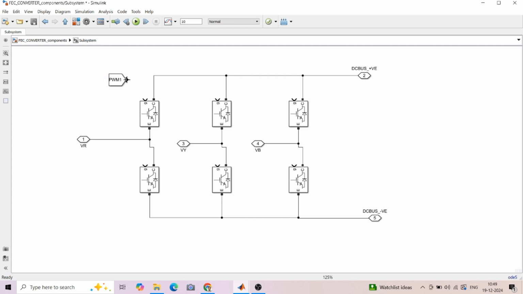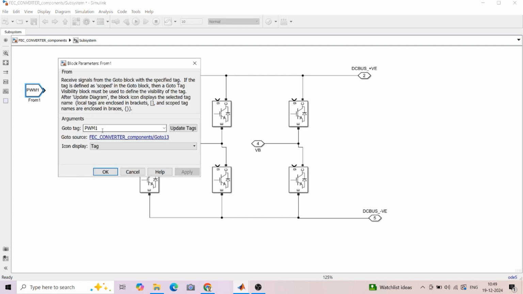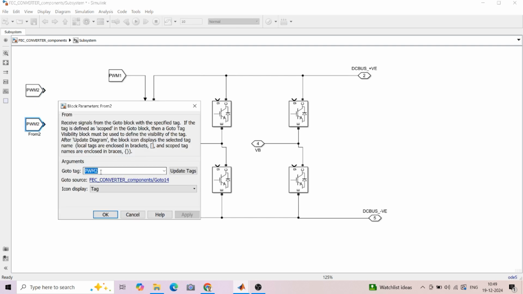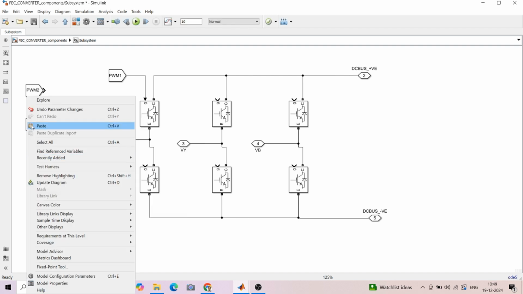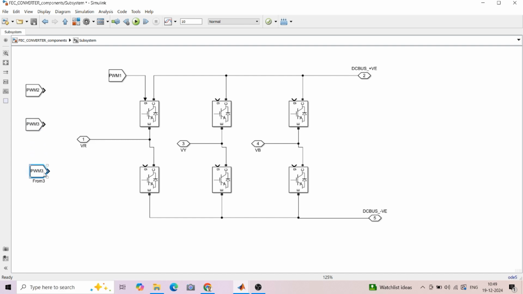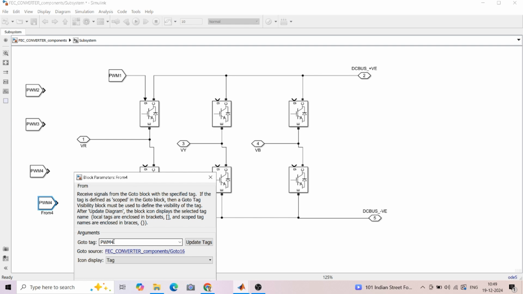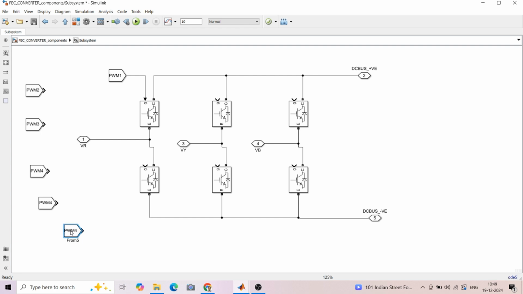Okay. Now we will be placing the PWM. This is PWM 1, for switch 1. This one I will name PWM 2, then PWM 3, then PWM 4, PWM 5, and then PWM 6.